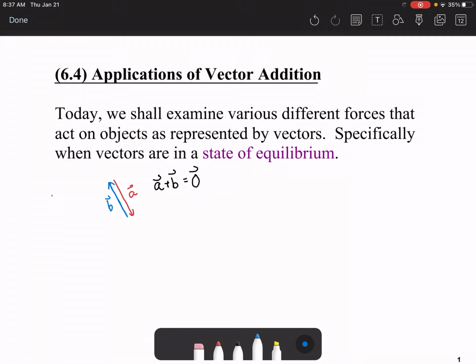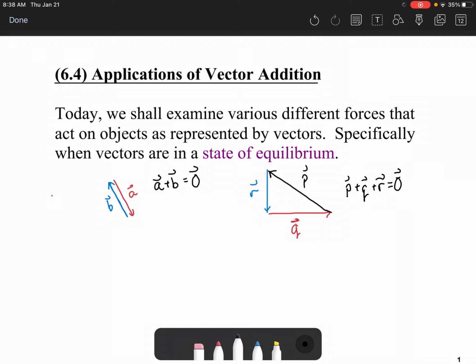Also, if you had three vectors, let me draw three vectors here. So let's call this one P. I'll call this one Q. And I'll call this one R. Well, in this case, you can see P plus Q plus the vector R is also equal to the 0 vector.